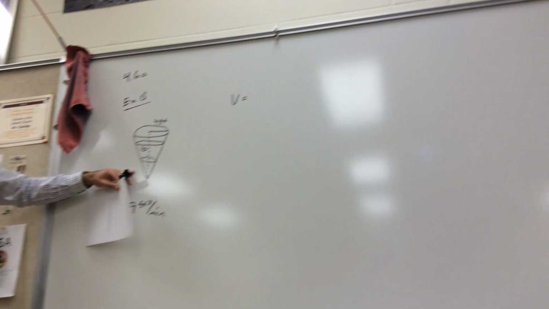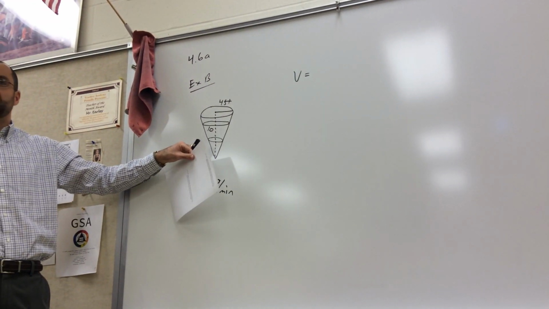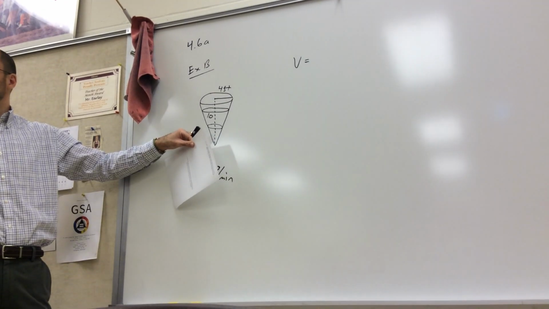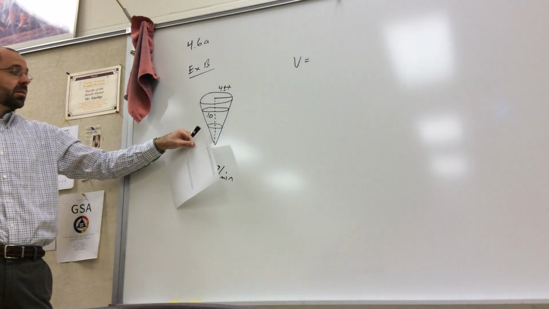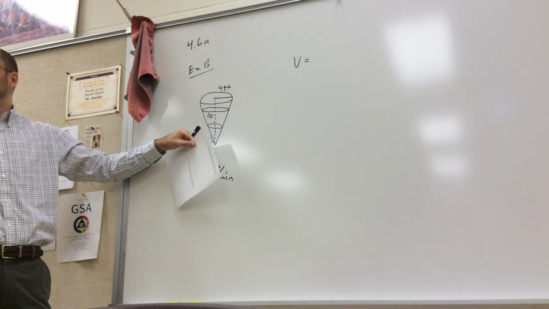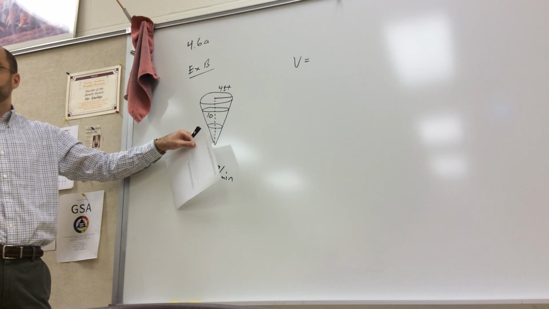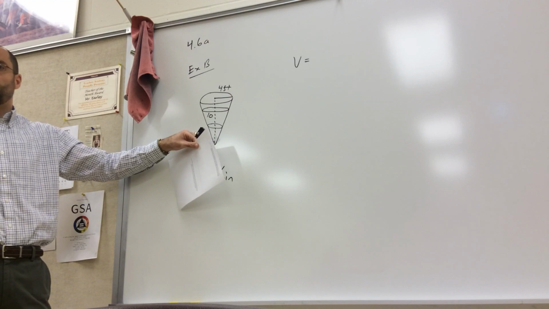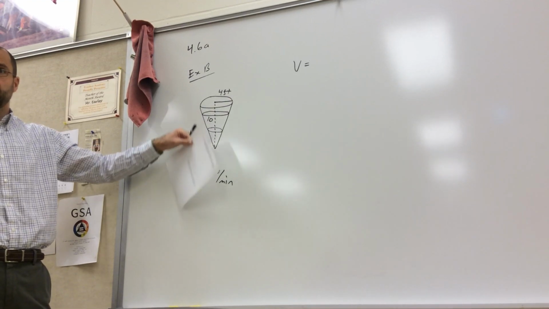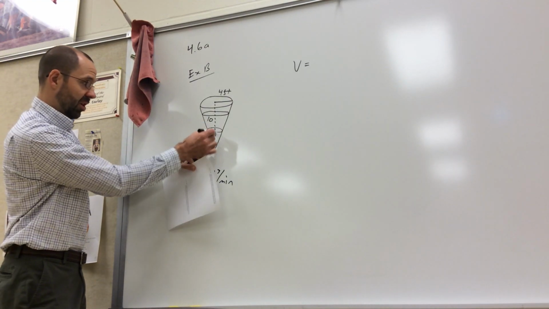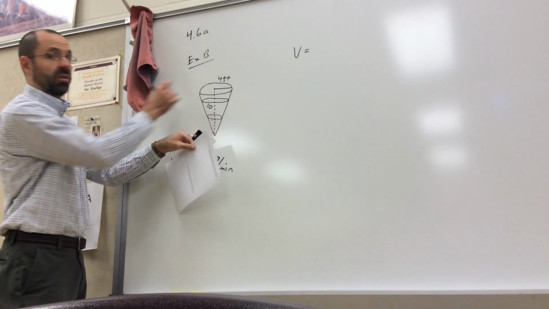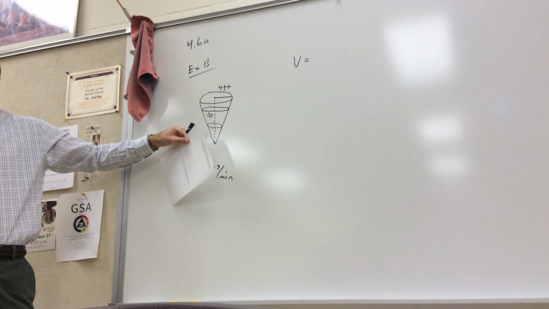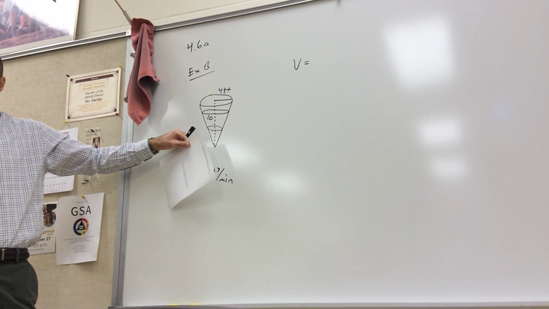Okay, so in that tank, what shape is the water? It's also making a cone shape, right? See the water sitting in there? That's also a cone. It's a cone of water rather than the whole cone. So there's a cone of water down there, and then later there's a cone of water up there. So the volume of the water, we can use the formula for the volume of a cone.